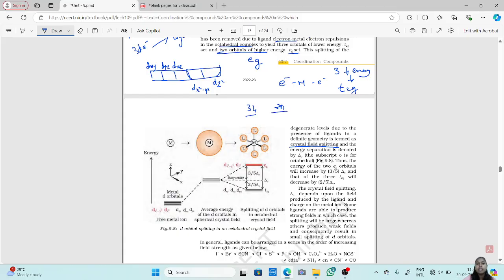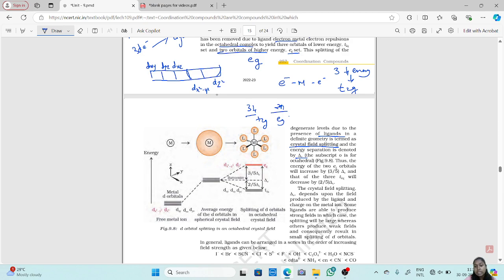We have split the d orbitals into 2 forms, that is the T2g and eg forms. The energy separation is denoted by delta naught. This subscript naught is for the octahedral structure. So delta naught is for octahedral structure.